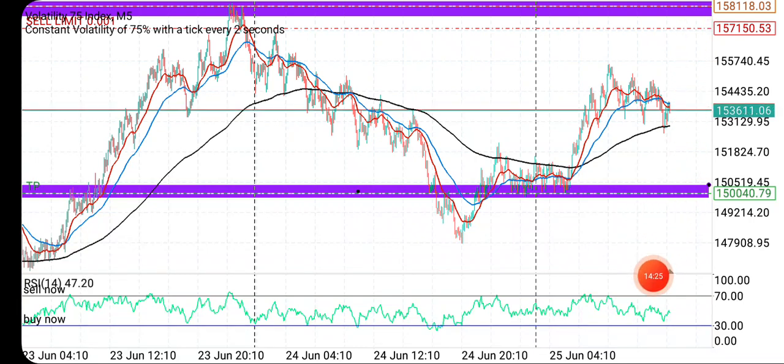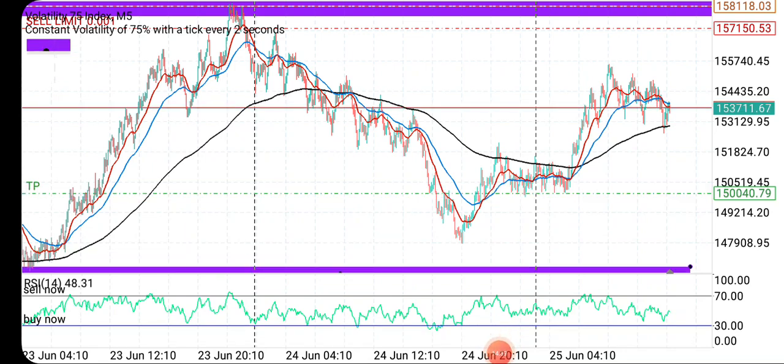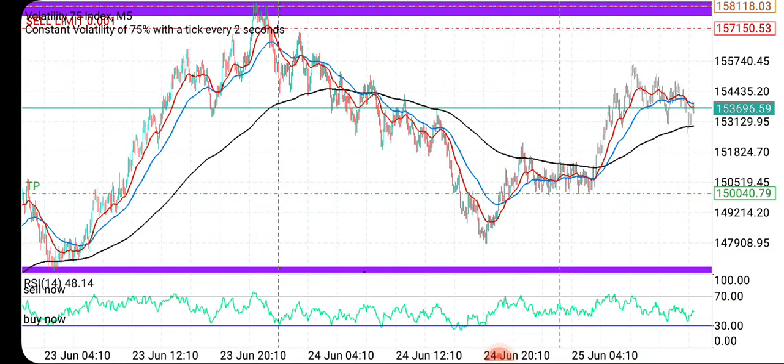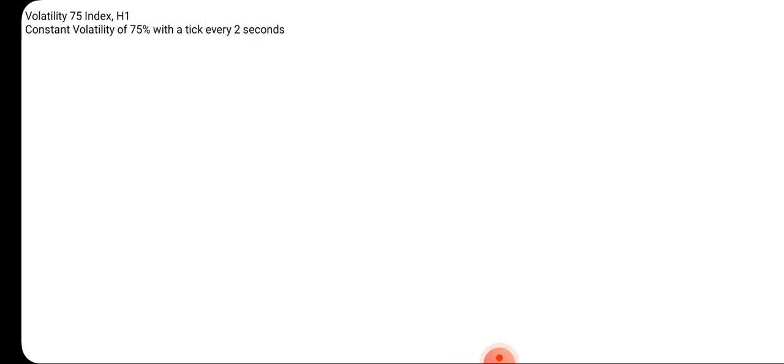If it breaks down, you consider going down. Scalpers, I mean, or you wait for it to pull back here. But for now, free this market. Just allow the market be for now. You understand? So, wait. Allow the market be for now.